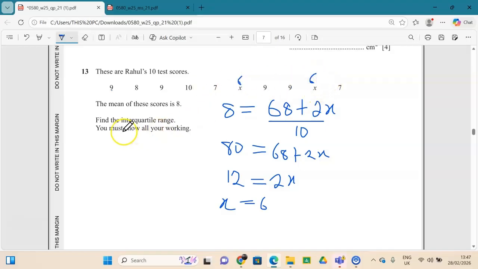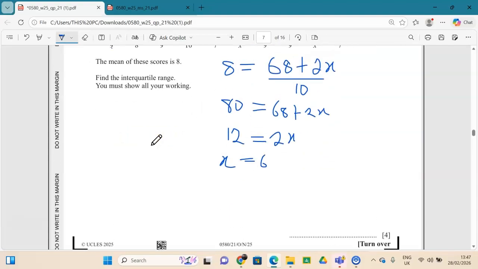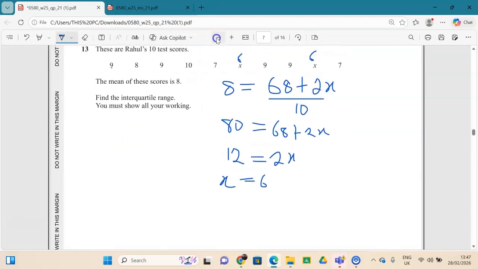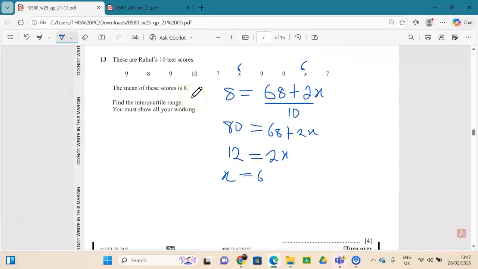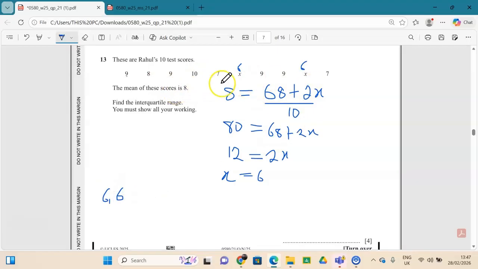What we are looking for is the interquartile range. If I want to find the interquartile range, then I'm going to arrange these numbers from the smallest to the biggest. We have 6. How many 6s do we have? Two 6s. Then the next score is 7.